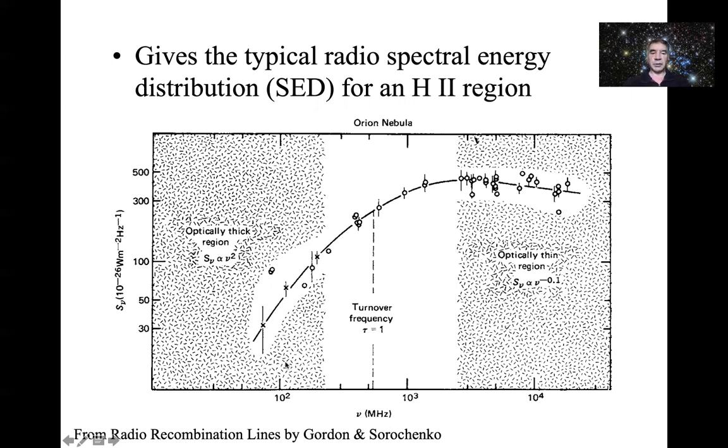If we go to lower and lower frequencies, so down here at like 100 megahertz, we can see that the spectrum starts to fall off rapidly as we go to lower frequencies. And so this is S nu proportional to nu squared here, okay, so that the intensity is rising with frequency as nu squared, going this way. And somewhere in the middle where the spectrum turns over, we know that basically the optical depth will be 1.